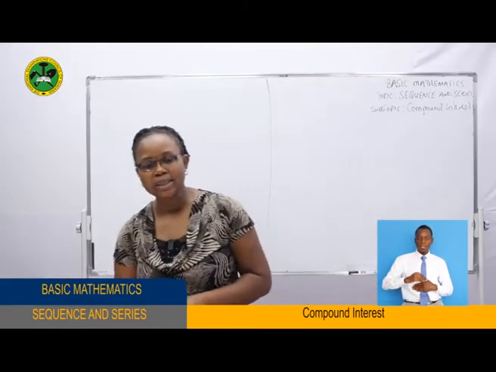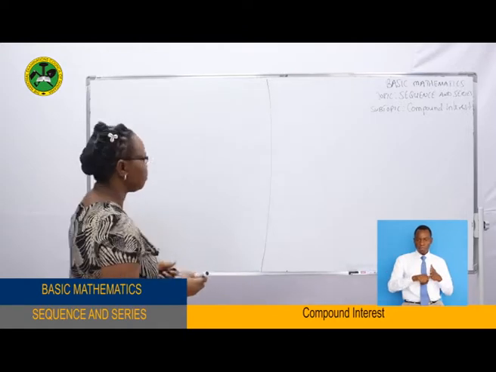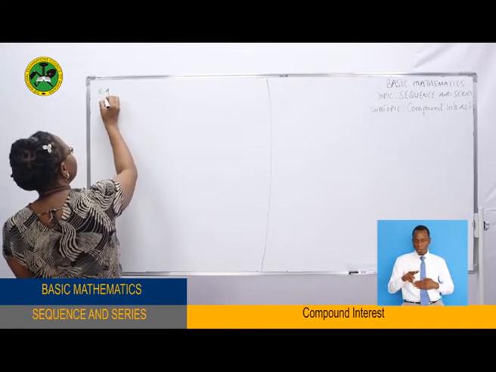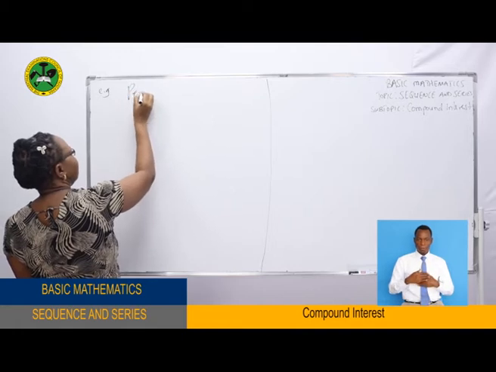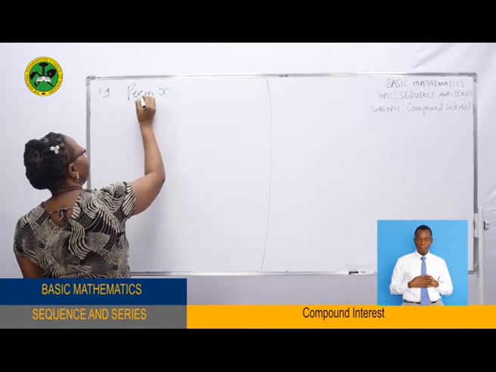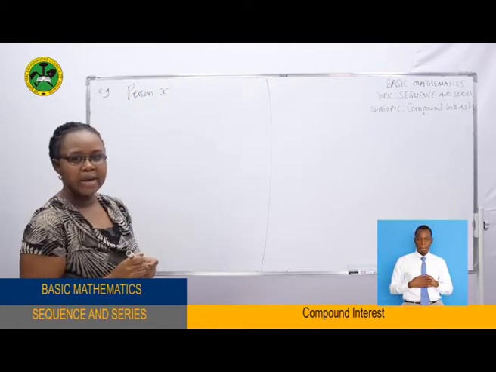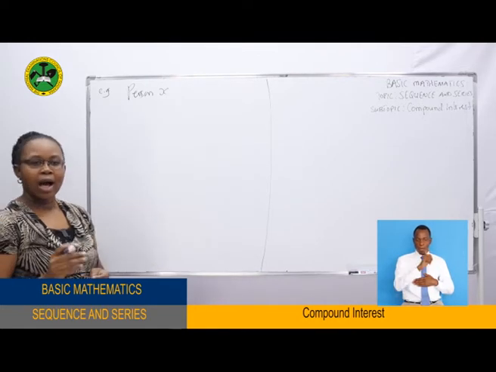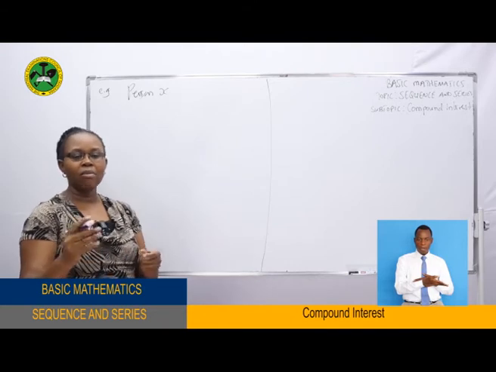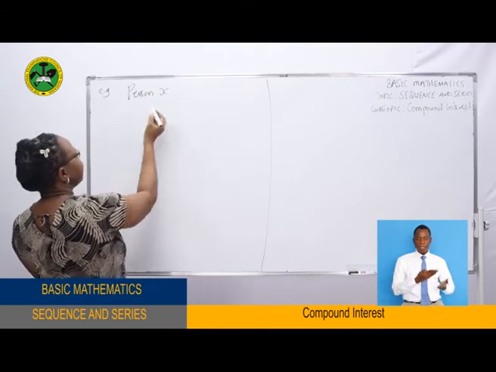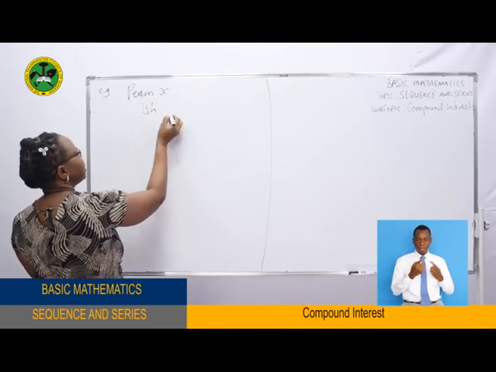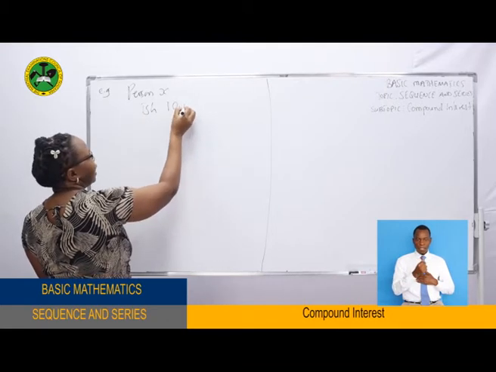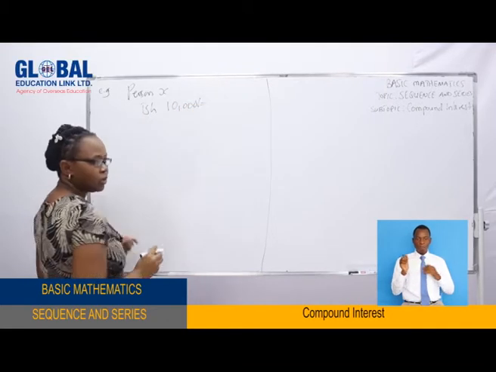My dear students, let's see a simple example. Person X has some amount of money, let's say Tanzanian shillings 10,000.